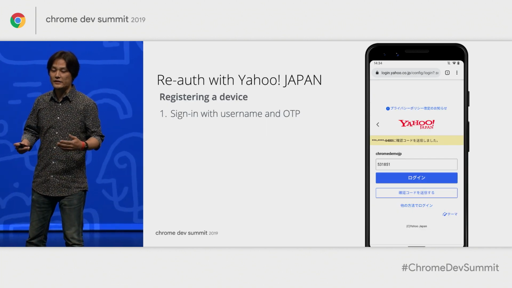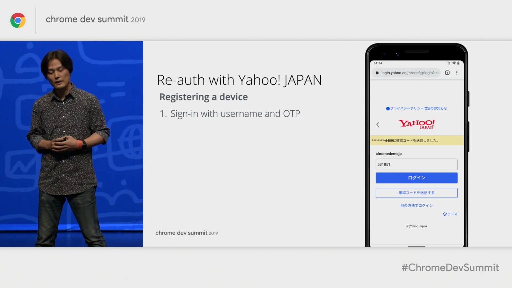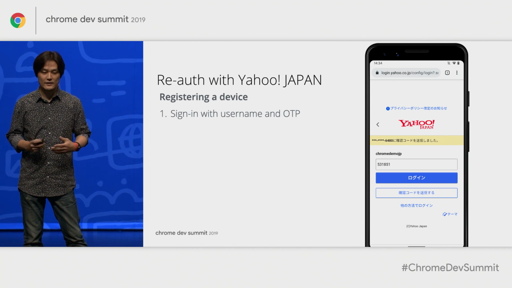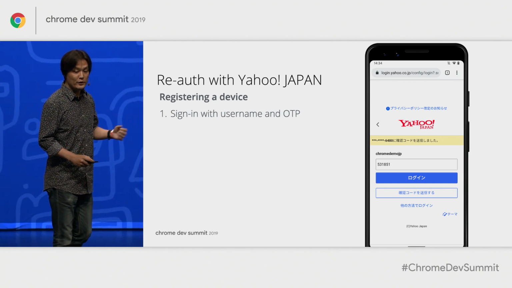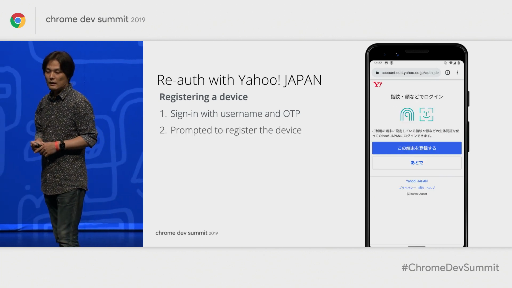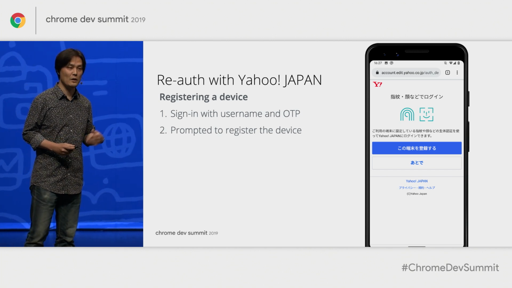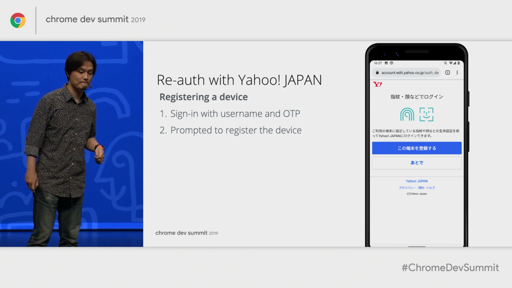This fancy UX is also preceded by a registration. Because Yahoo Japan is already passwordless, I'm signing into their service using SMS OTP without a password. After successfully signing in with your username and an OTP, you will be prompted to register the device.